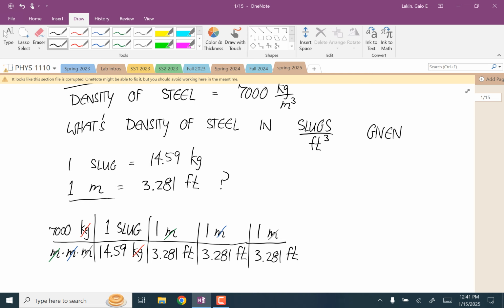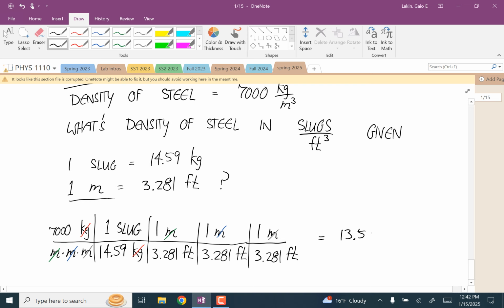Let's see. I don't have a calculator here. Anybody want to tell me what you got for this? 13.58. 13 point, did anyone else get that? Yeah.